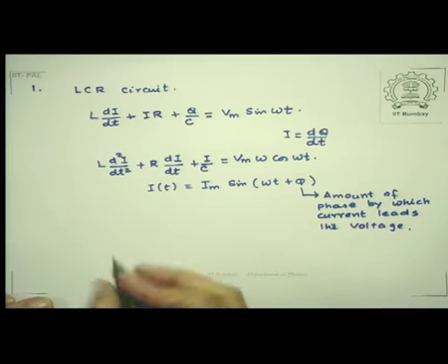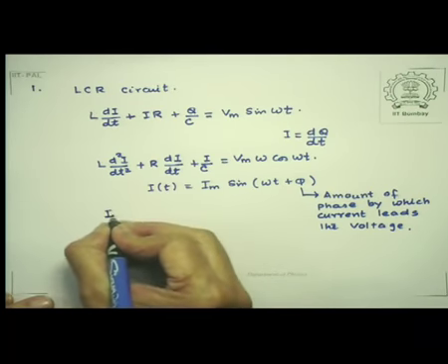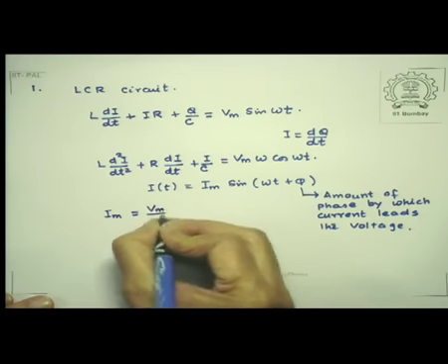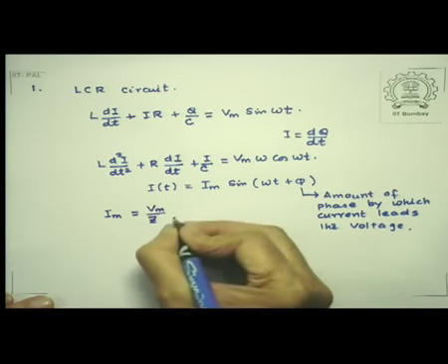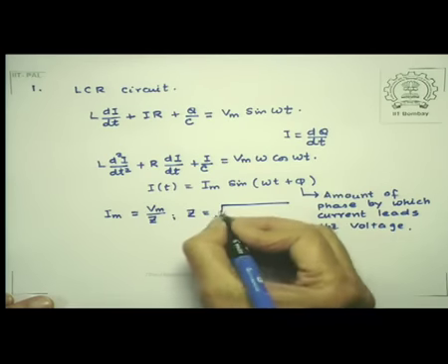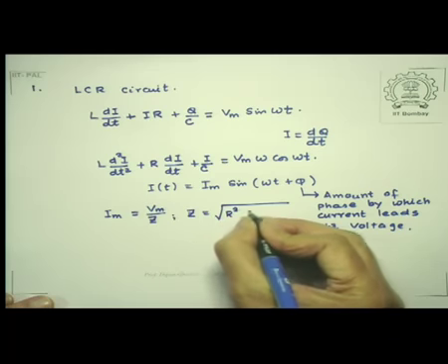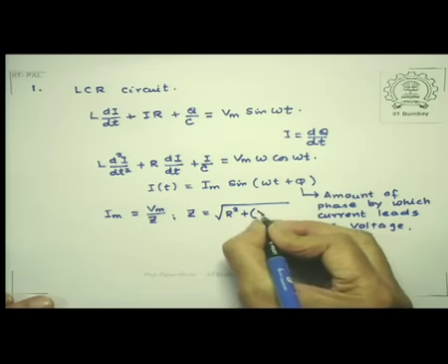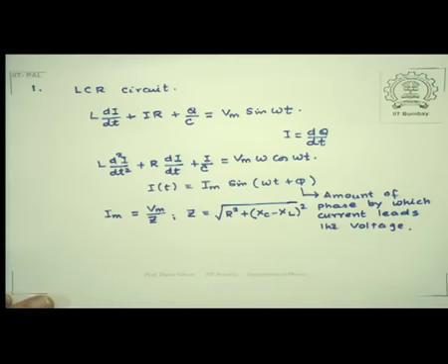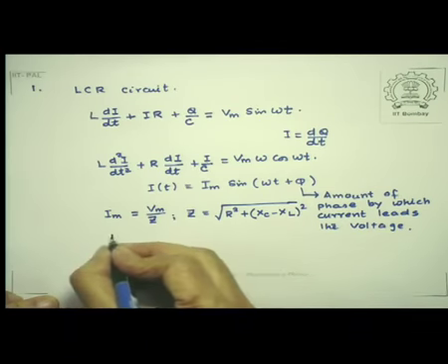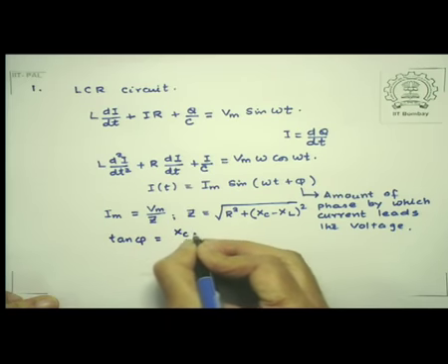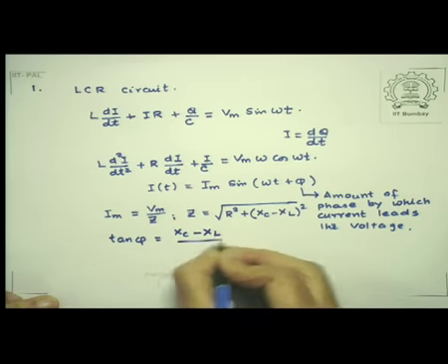And we obtained that Im is given by maximum Vm divided by Z, where Z is the impedance, which is given by square root of R square plus Xc minus XL whole square, and tangent of phi is Xc minus XL divided by R.